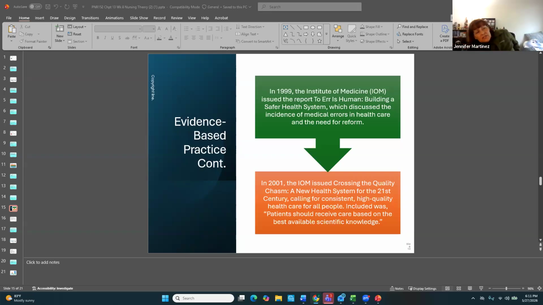Some of the changes they put into place focused a lot on safer medication administration. They also implemented something like a surgery timeout. If you're going in for a surgery or procedure, there's a timeout process where everybody stops and identifies the patient, the allergies, and of course what the procedure or surgery is.